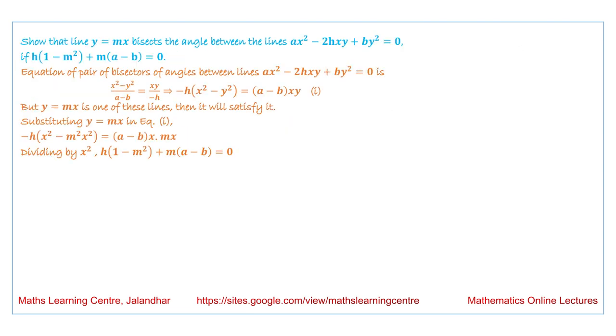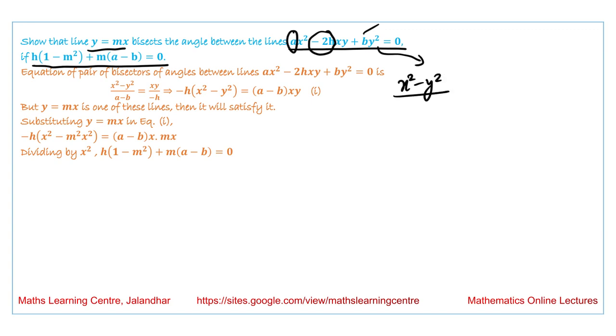Next is, show that the line y is equal to mx bisects the angle between the lines. This line is given to us, and this condition we have to prove. If we look at this equation and compare the coefficients, this is a over here, then we have minus 2h, and this is b. If we write the equation of the angle bisectors, we get (x square minus y square) over (a minus b) is equal to xy over (minus h).